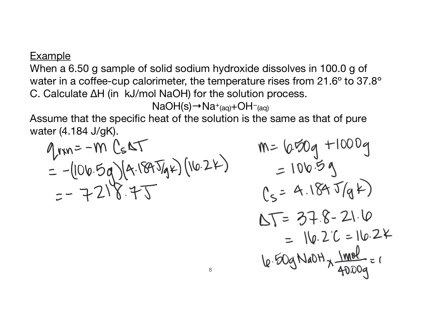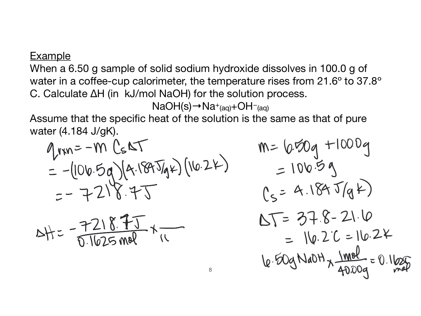And that equals 0.1625 moles. So delta H is going to be equal to negative 7,218.7 joules divided by 0.1625 moles. It asks for it in kilojoules, so we'll go ahead and do that conversion of 1,000 joules in 1 kilojoule.